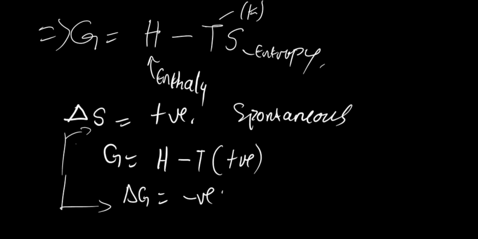Let's take a look at the sign interplay for the free energy. We have entropy here, and then we have enthalpy, so the change in enthalpy. And of course, we have already established that the free energy is enthalpy minus the product of temperature and entropy.